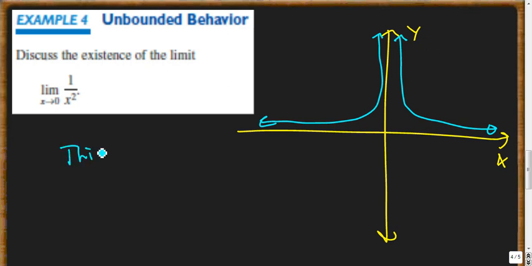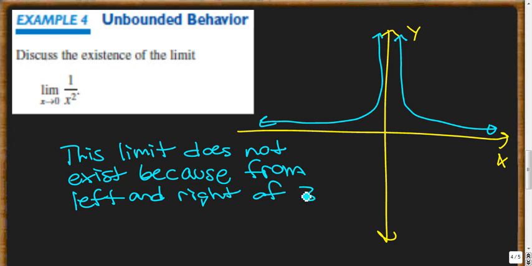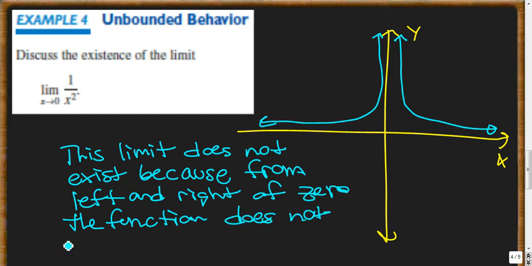So this limit does not exist because from left and right of 0, the function does not approach the same real number.